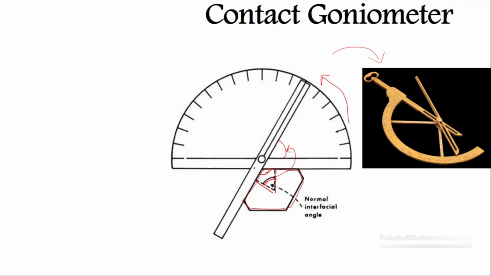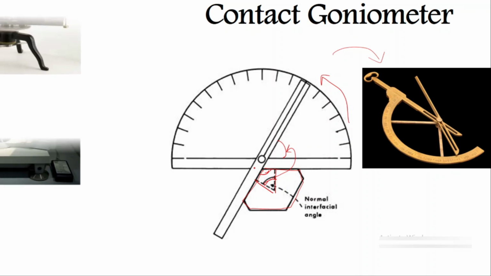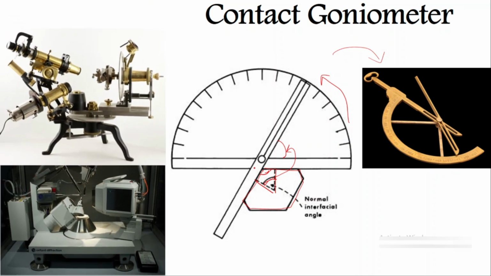So our question was based on this contact goniometer only, but this is not all. As technology advanced, new technology came up and things got really precise. After the contact goniometer, there were a few which used light or beams to go into the crystal and use the reflected light to calculate the interfacial angle of smaller crystals as well.